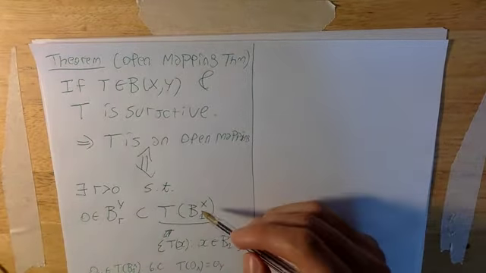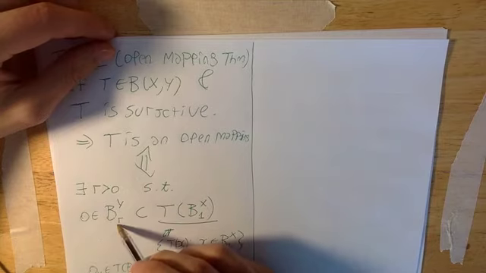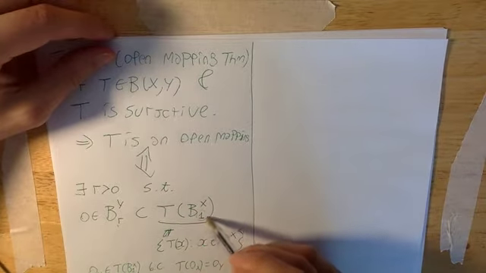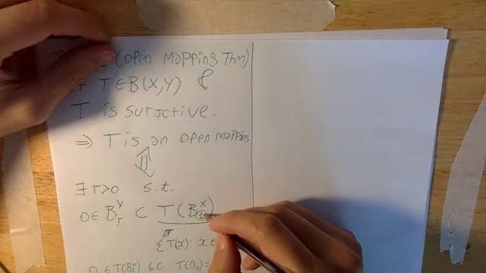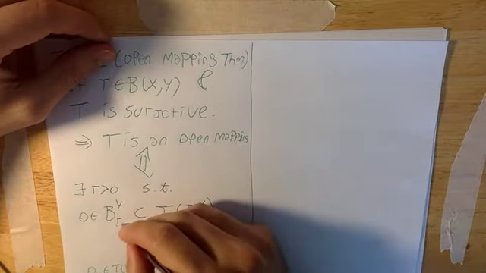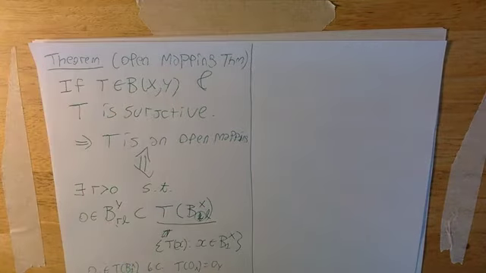And given that B_R(Y) is in T of B1(X), you can just use linearity to multiply here. If we have T of B, let's say Lx, here you will have B_{RL}(Y).